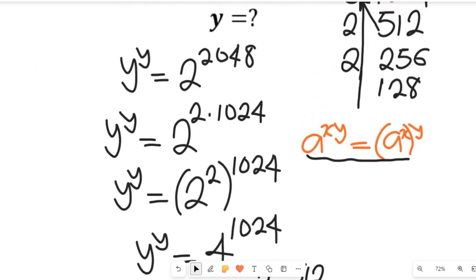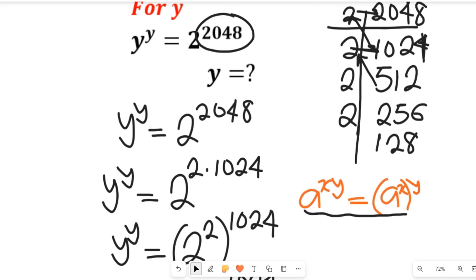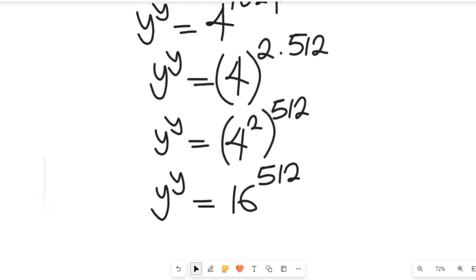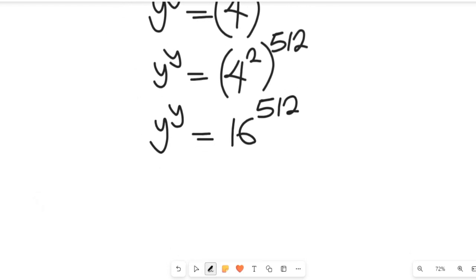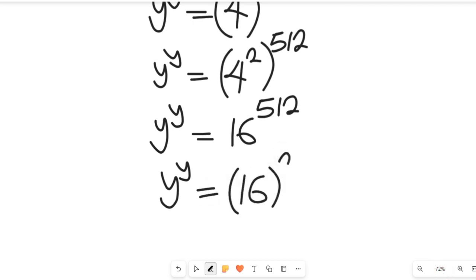From our factors, you'll find out that 2 multiplied by 256 will give us 512. So if we simplify that and bring that here, y to the power of y will be equal to 16 to the power of 2 multiplied by 256, and that will give us 512.